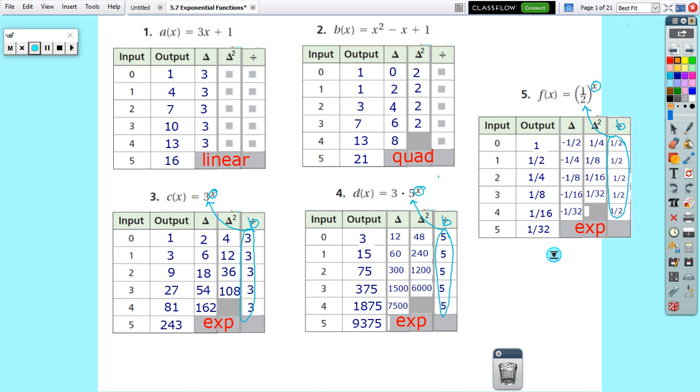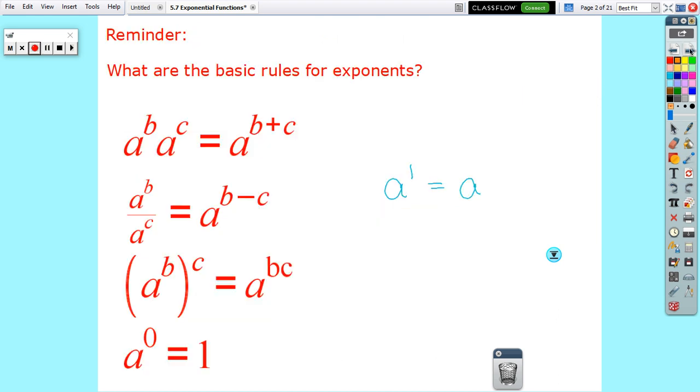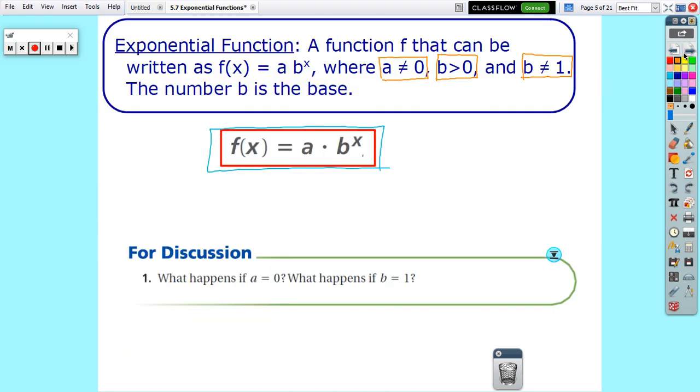So your a here would be 1 times the base to the exponent of x. This 3 comes from this right here. So 3 times 5 to the x. This would be 1 times 1/2 to the x.